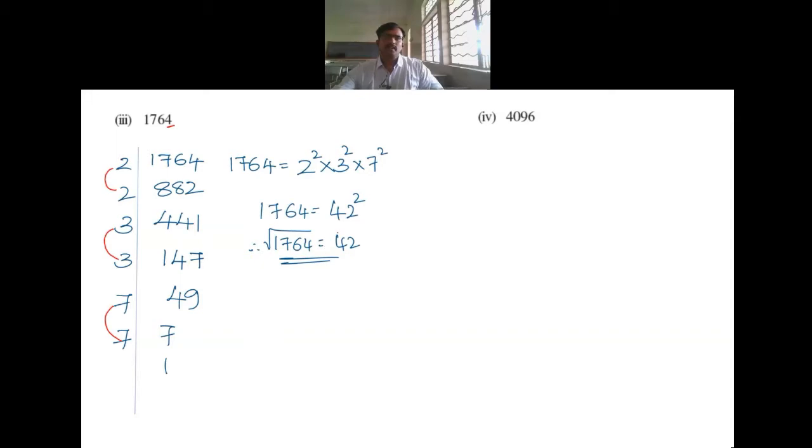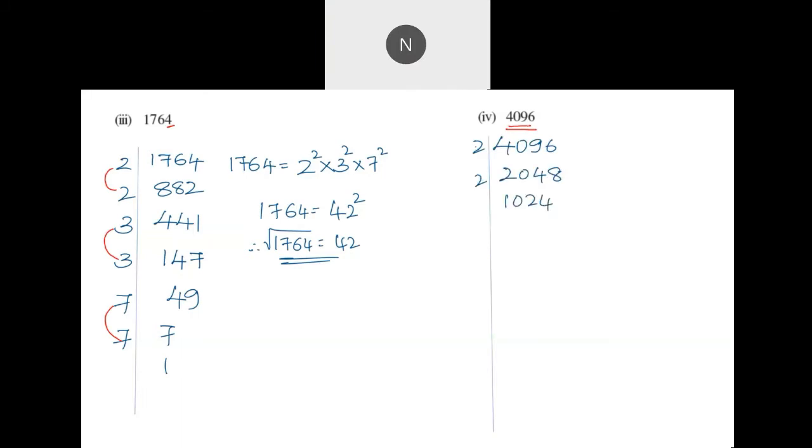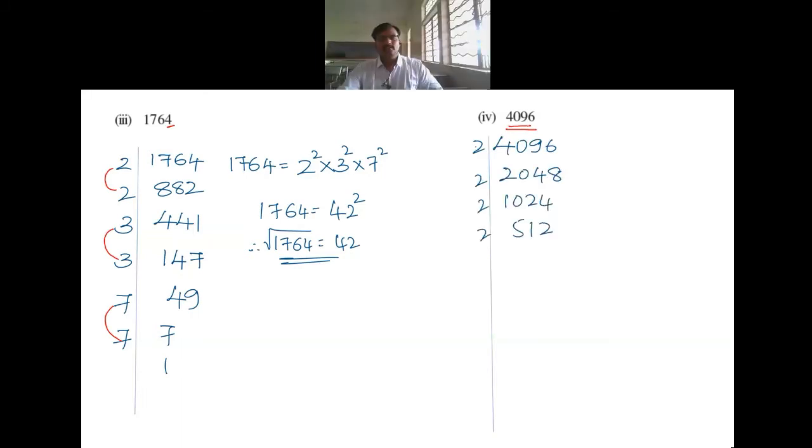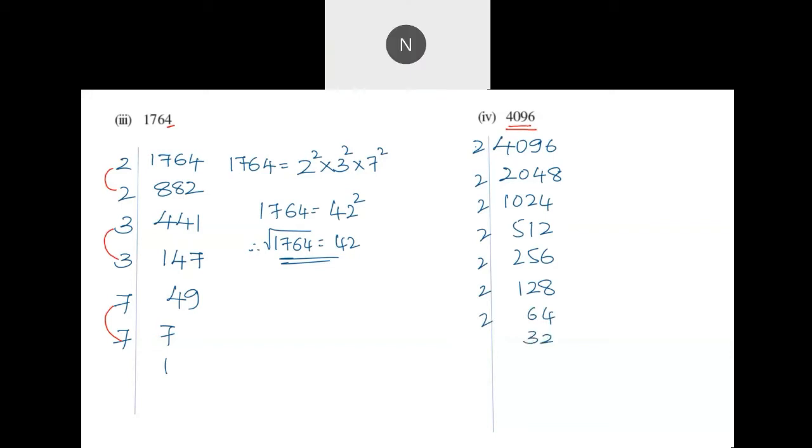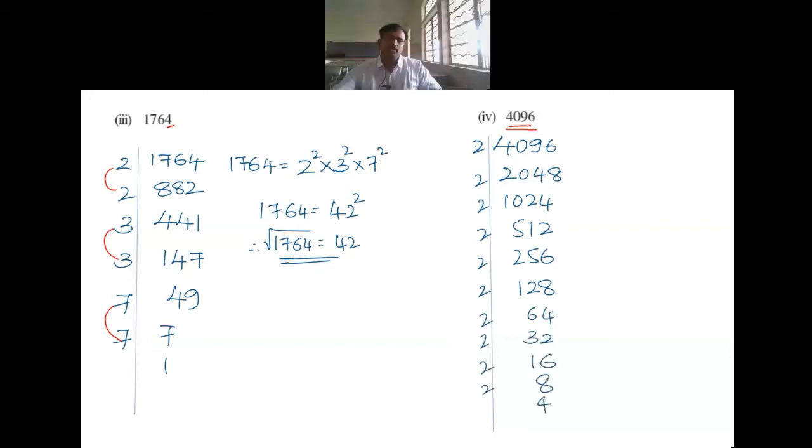It's that simple. Now quickly I will tell you the prime factorization method for 4096. You have to divide by 2. Further it is divisible by 2. If you look, all these are factors of 2.